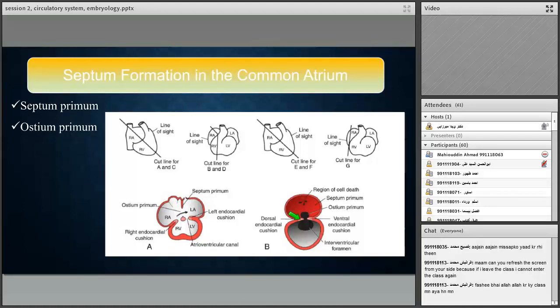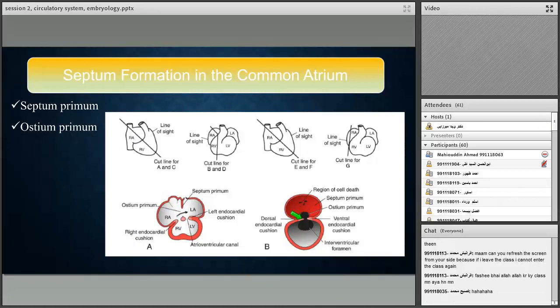The endocardial cushion and also the septum primum are growing toward each other, and they want to close the ostium primum.